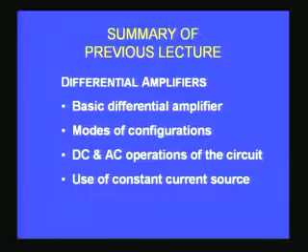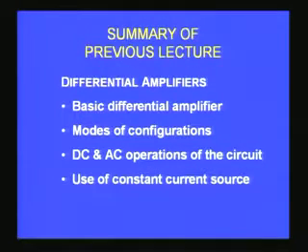You might recall in the previous lecture we discussed transistorized differential amplifier. We discussed the basic differential amplifier formed by two transistors, what is known generally as the long tailed pair, and then we discussed the different configurations like single ended, double ended input and output.